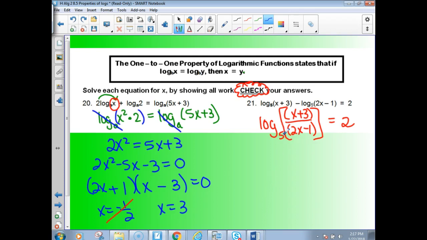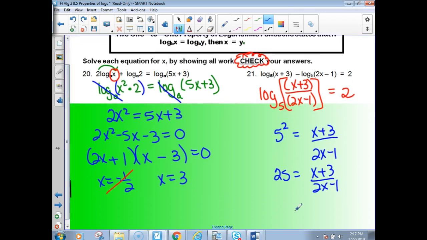Yes, Brooke. So the base is 5, the exponent is 2, and that's going to equal our x plus 3 over 2x minus 1. So that's 25 equals x plus 3 over 2x minus 1. What am I going to do now?